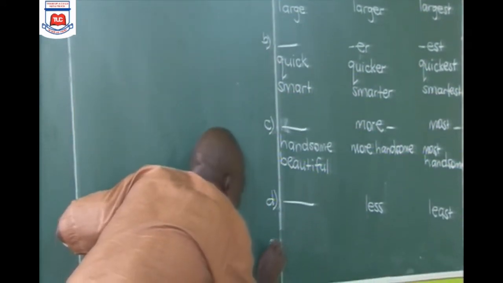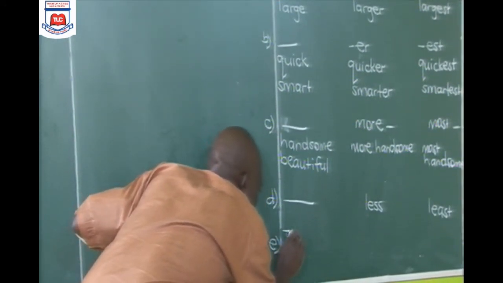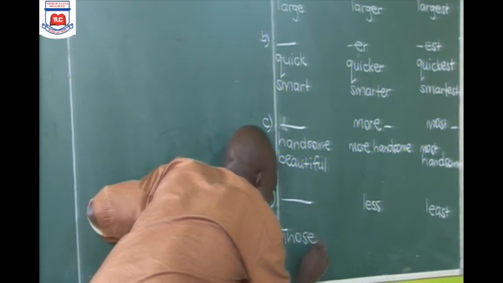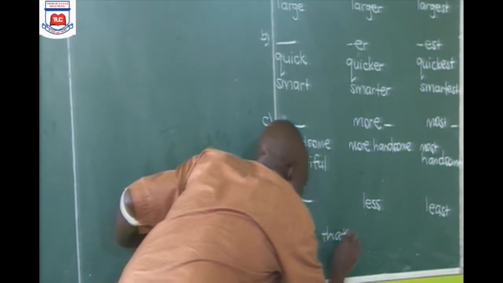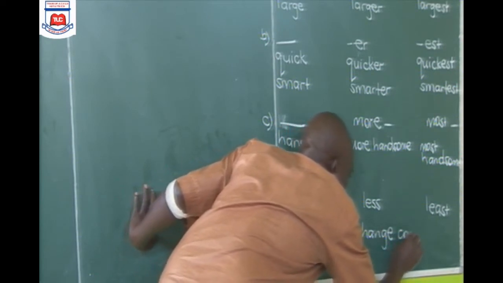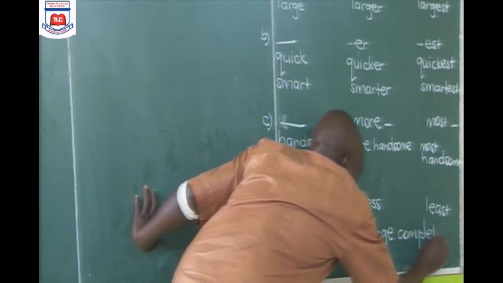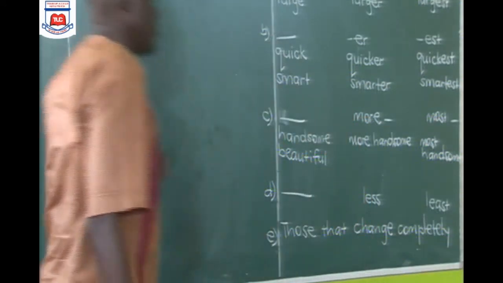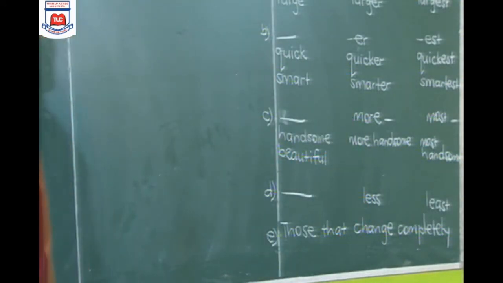We have E, those that change completely. They are those adjectives that change completely in their comparative and superlative.